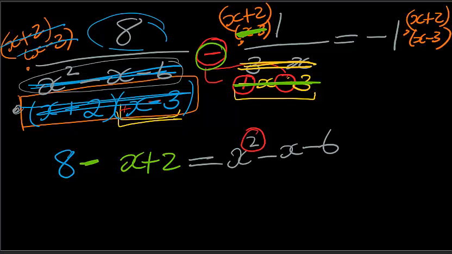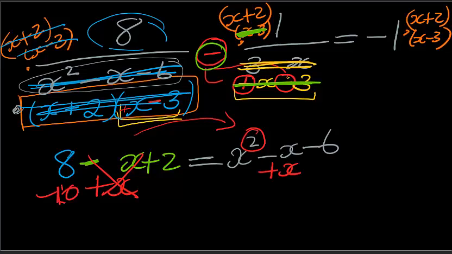I'm going to move everything this way because this is positive x, and I want a positive x squared. So first I'm going to say plus x on both sides, which means that cancels away. And then 8 and 2 actually make 10. So I'm going to say minus 10 and minus 10 over here.